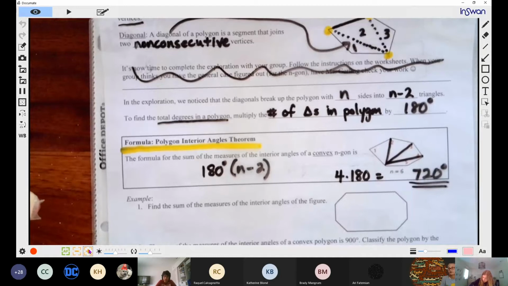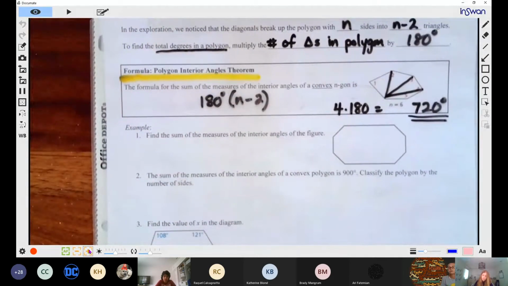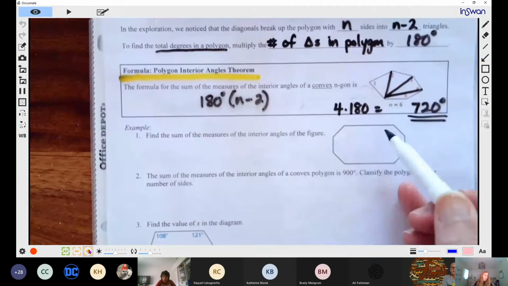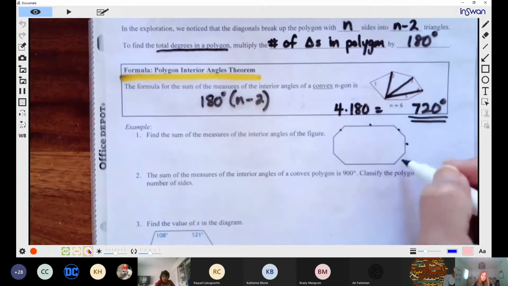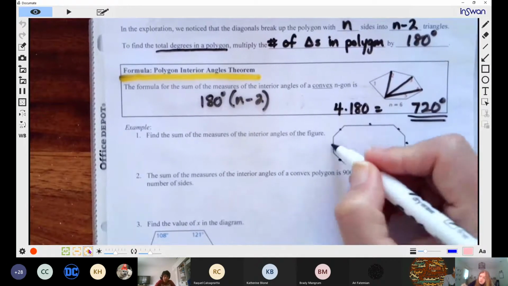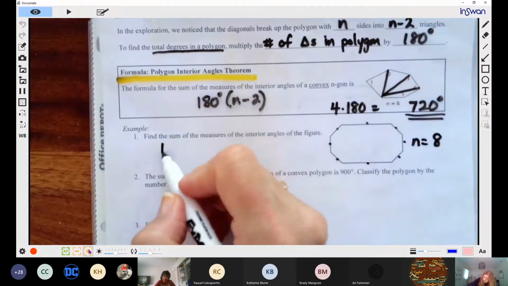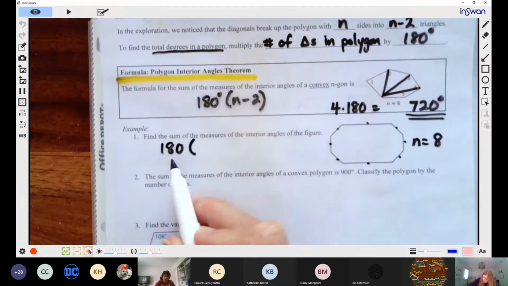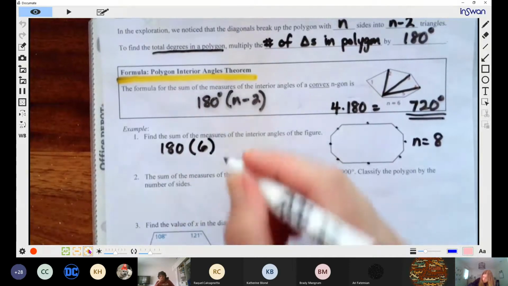I know I'm taking up a lot of your time synchronously today, which means you're going to get asynchronous time tomorrow, etc. All right, find the sum of the measures of the interior angles. So the first thing you have to do is count the number of sides. 1, 2, 3, 4, 5, 6, 7, 8. So here, n equals 8, which means the sum of the measures is 180 times 6, because that's 8 minus 2.